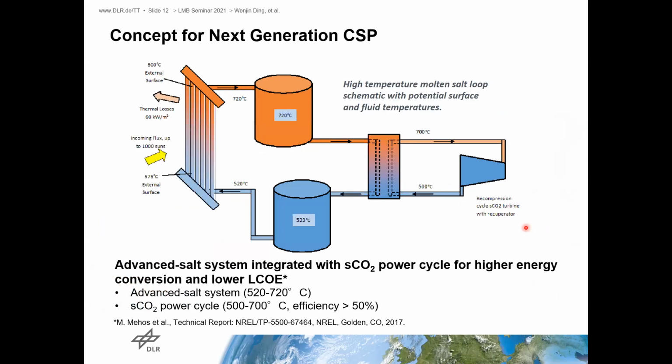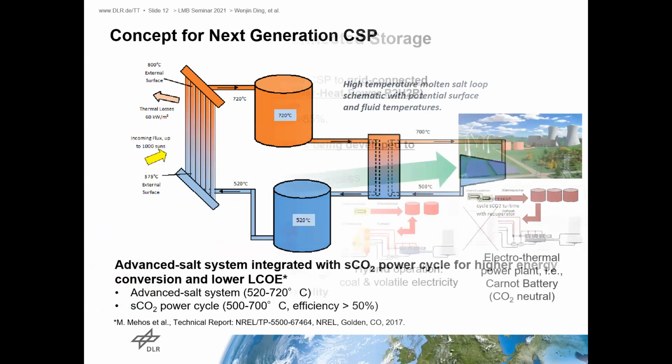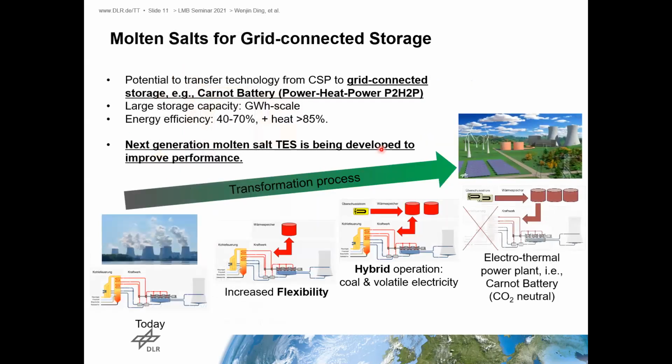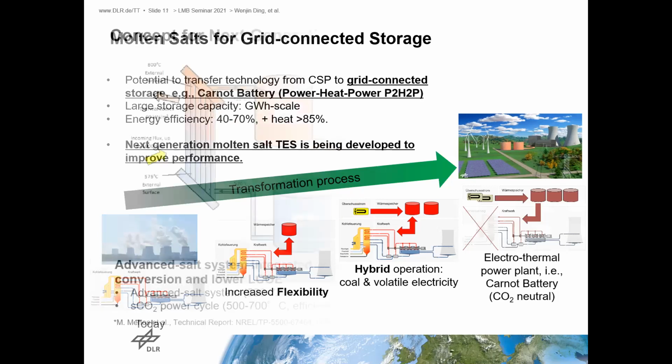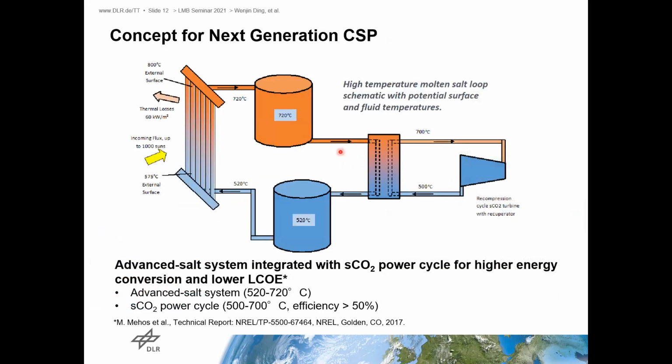For our work, we are developing the next generation molten salt heat storage technologies. It will be used at even higher temperatures, for example, up to 800 degrees C. Then it can increase the storage performance and the other performance. Such new molten salt heat storage technologies can also be used for next generation CSP technologies.